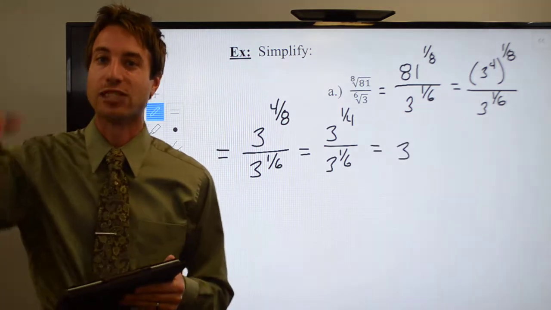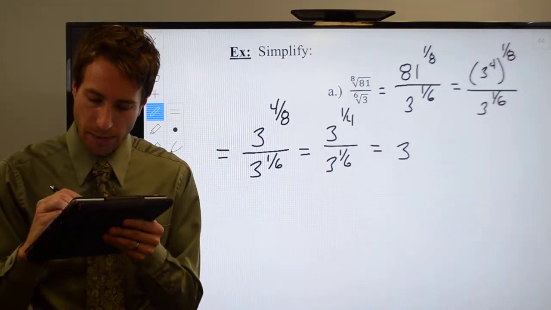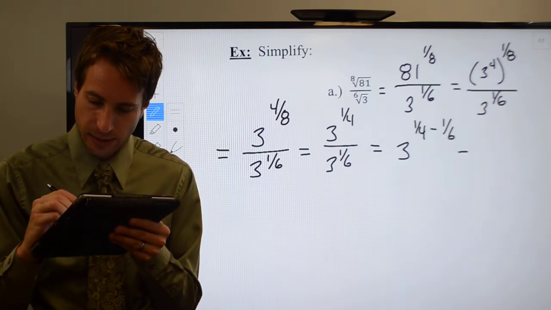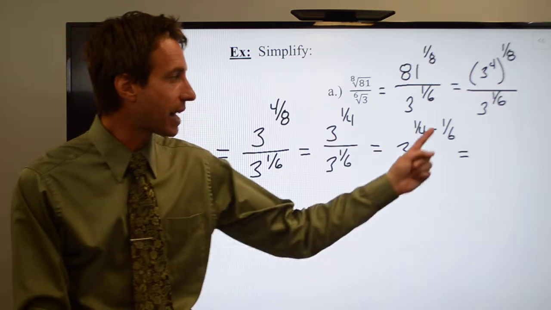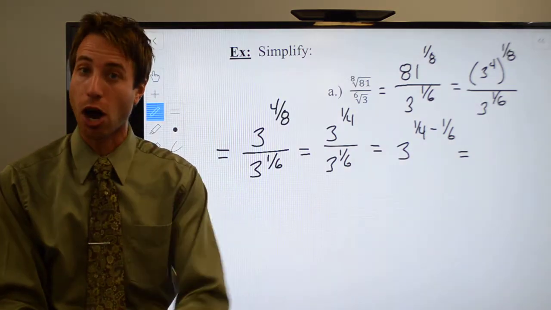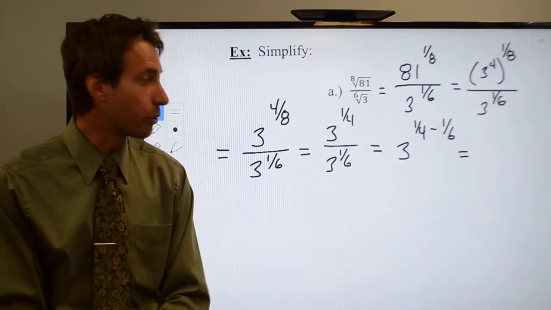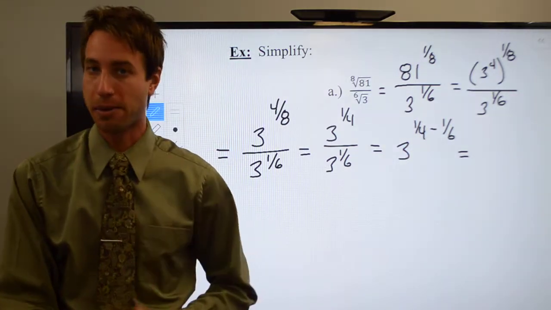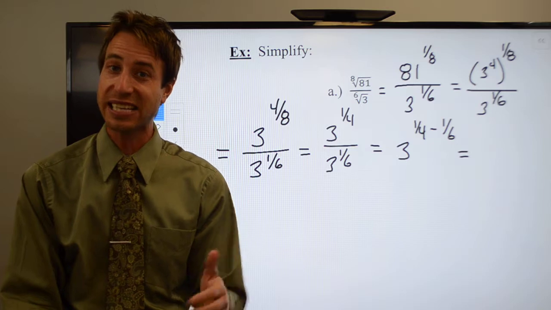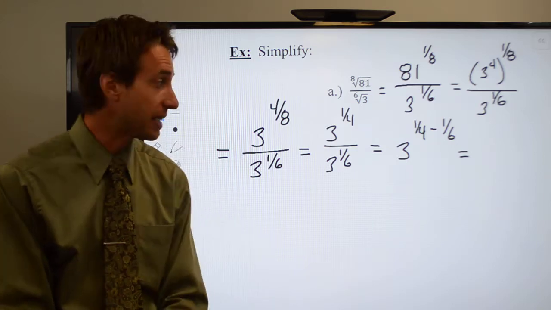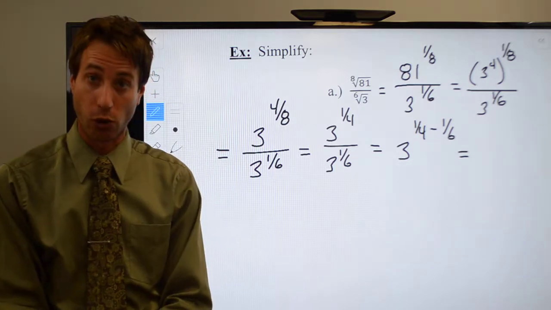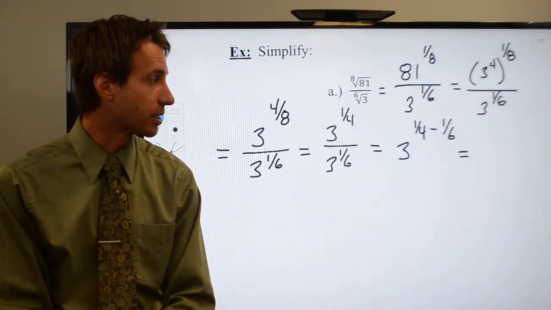It's always top minus the bottom, so 1/4 minus 1/6. In order to subtract fractions, you need a common denominator. I have a 4 and I have a 6, so I need to find the least common multiple of 4 and 6, which is 12.